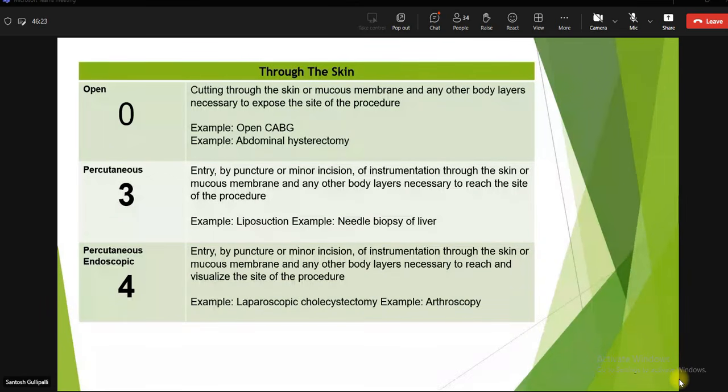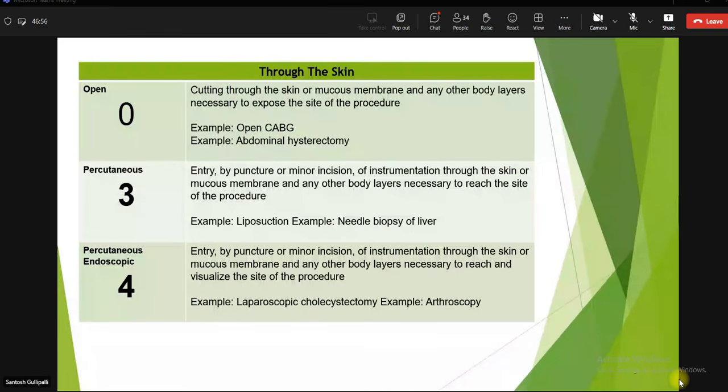Yes, sir. Next, percutaneous endoscopic approach. The percutaneous endoscopic approach means the physician uses any arthroscopy or laparoscopy to perform a procedure. When the physician uses arthroscopy, the procedure is performed at joint level.